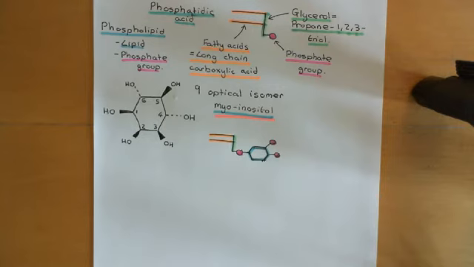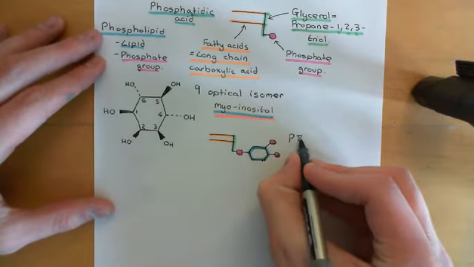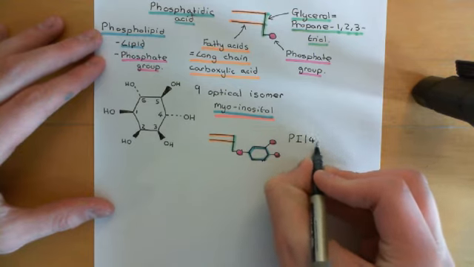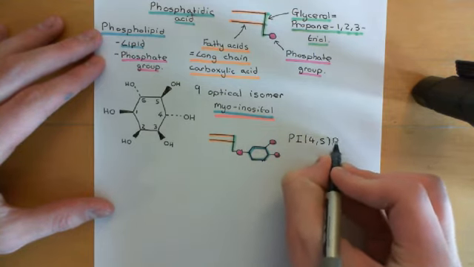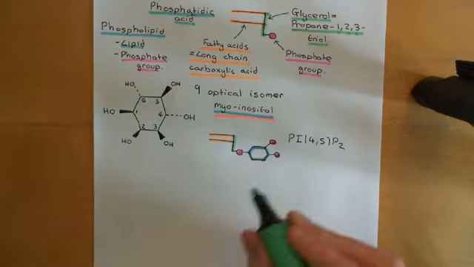So the fifth and the third carbon are distinguishable, and it is the fifth carbon's alcohol group that we have added a phosphate group onto in phosphatidyl inositol 4,5-bisphosphate. So that is why this molecule is PI45P2.